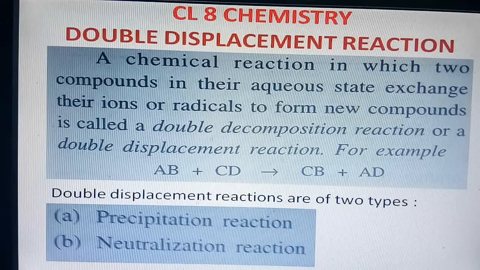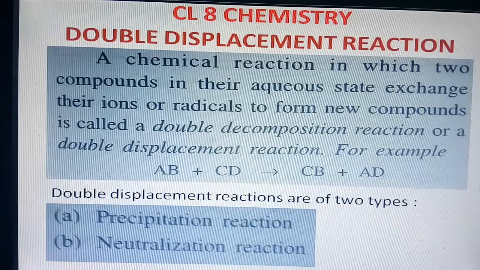So what is happening here, in place of A, C is coming, so it is forming a compound CB. That means positive part is taken by positive part, and in place of C, A is going. In place of A, C is coming, and in place of C, A is going. That means there is exchange of ions.